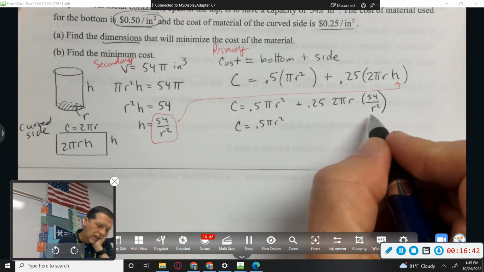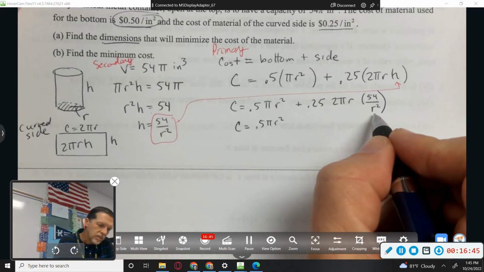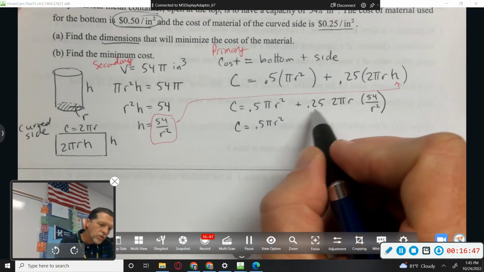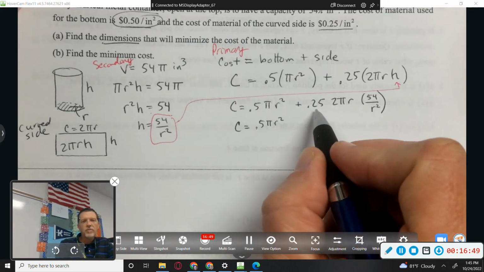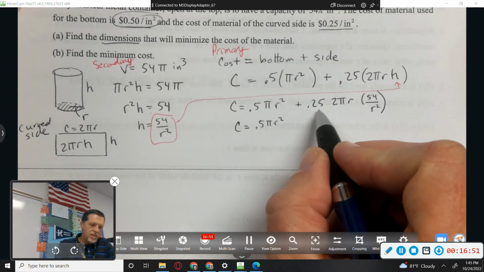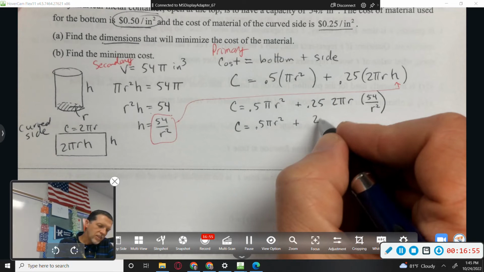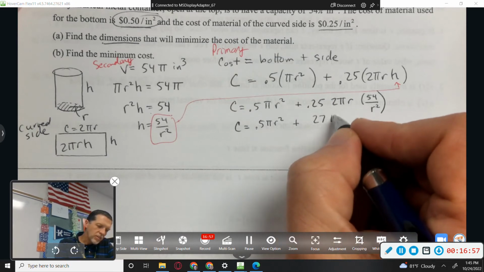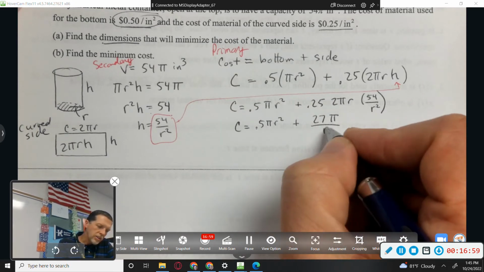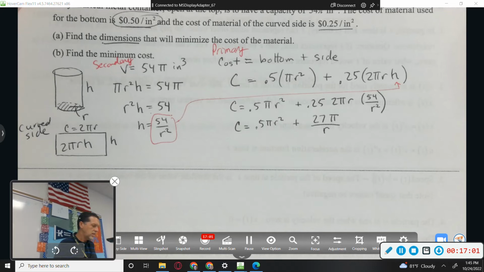One of the r's cancels. 2 times 0.25 is 0.5. Half of 54 is 27, and there's still a pi, and one of the r's cancels. Calculus is easy, algebra is hard, right? We still haven't done any calculus on this problem.